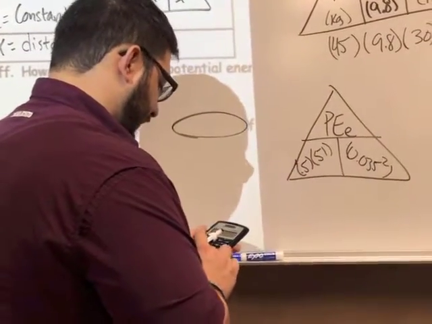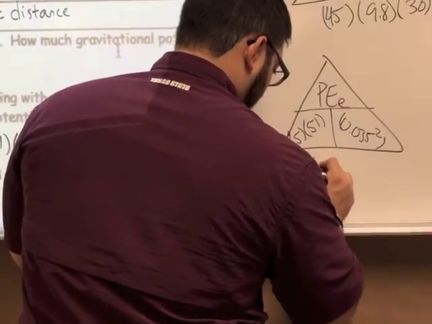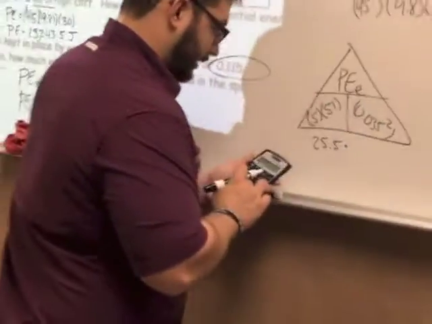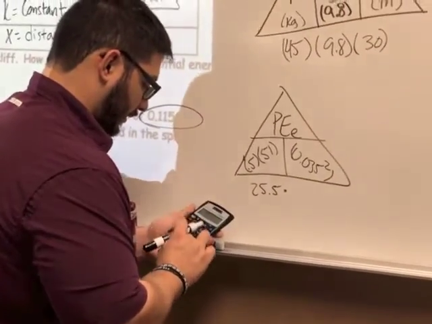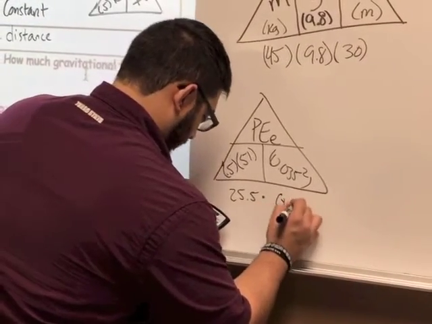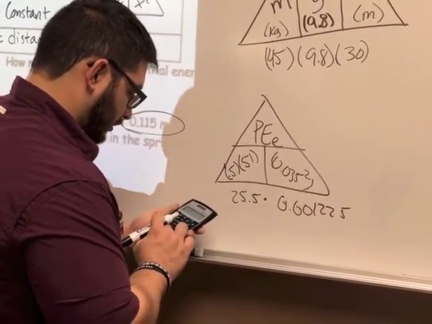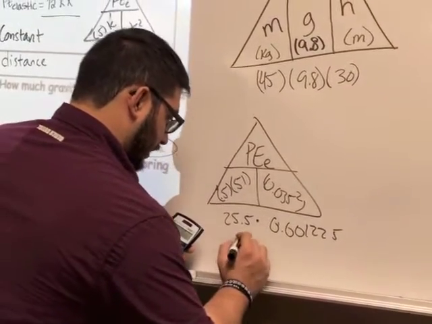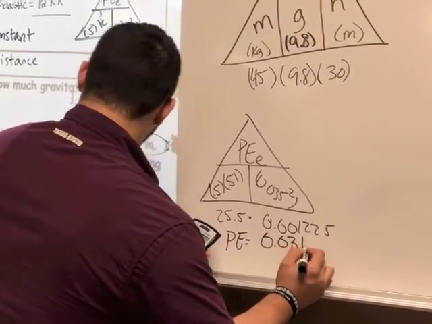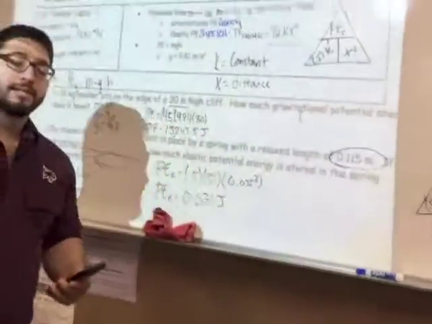Well, half of 51, 0.5 times 51, becomes 25.5, multiplied by 0.035 squared, that becomes 0.001225. Multiply those two together, and you get potential energy is going to be 0.031 joules. And that matches both sides. So it works either way you use it.